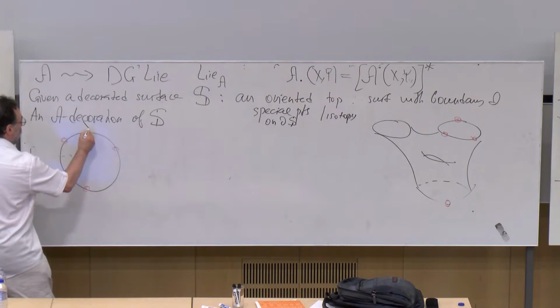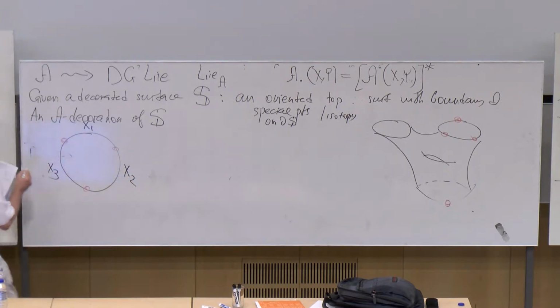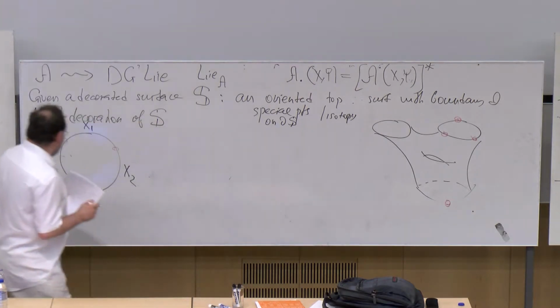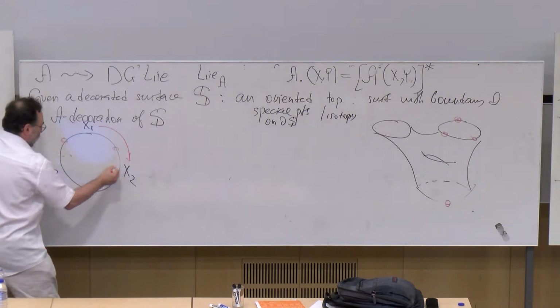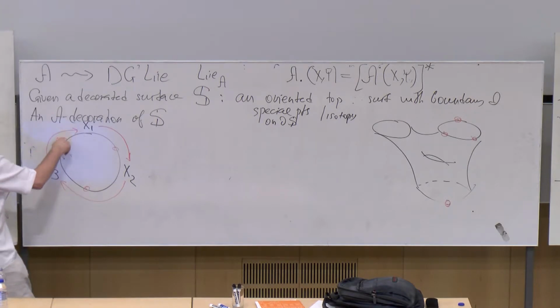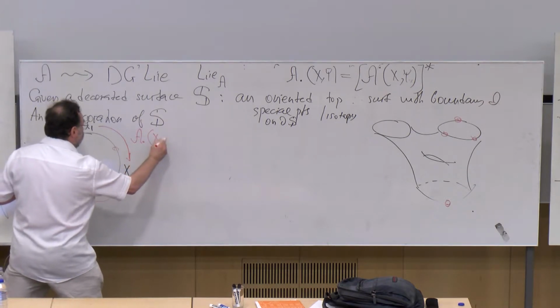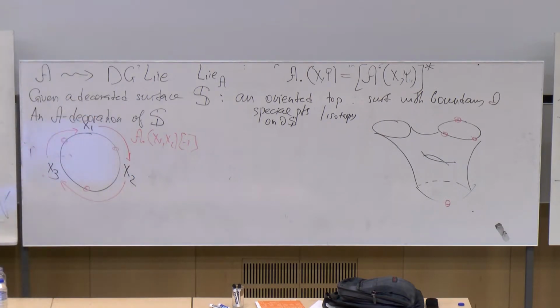So here I put x1, x2, and x3. And then I also have homology, like dual to Ext groups between them, which I denote by these red arrows. So they are attached to special points. And so this one, for example, is the dual Hom from x1 to x2 shifted by -1, and so on.